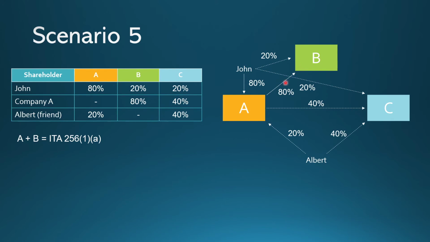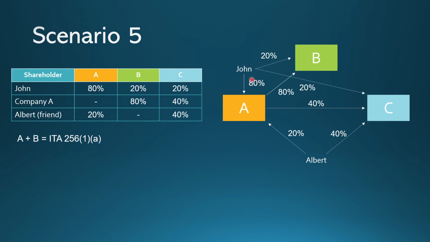We could also look at A and C being associated, which might not be abundantly obvious to you. You'll say, well, A only controls 40% of C. That is true, but we also have to consider John. John owns 20% of C directly, and John owns a percentage of C indirectly.